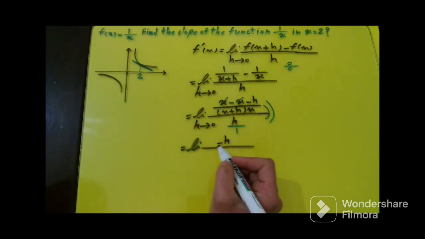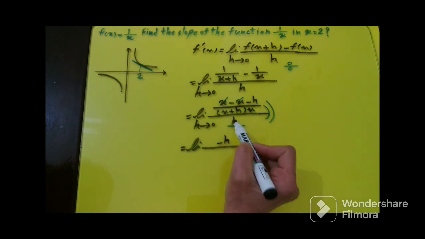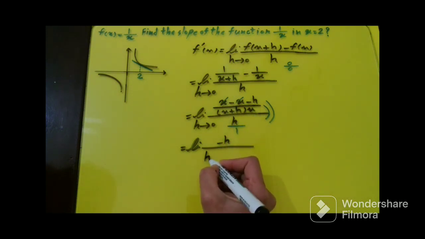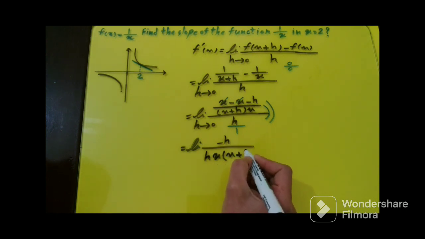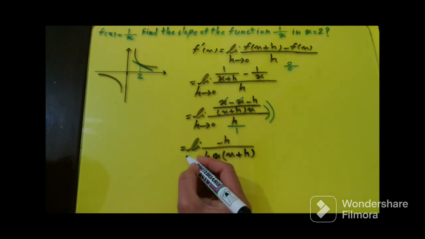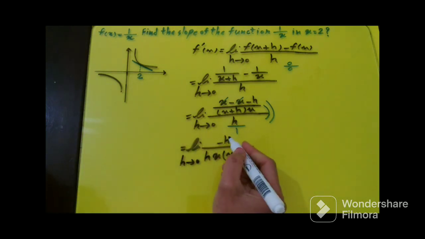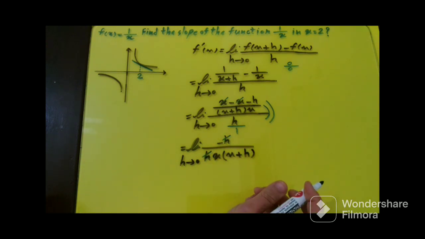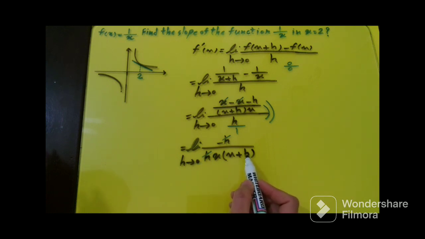So for up we have minus h, and for down we multiply this term in h. It's h times x plus h, as h approaches 0. Now we can cross out h. As h approaches 0, I'll put 0 instead of h.